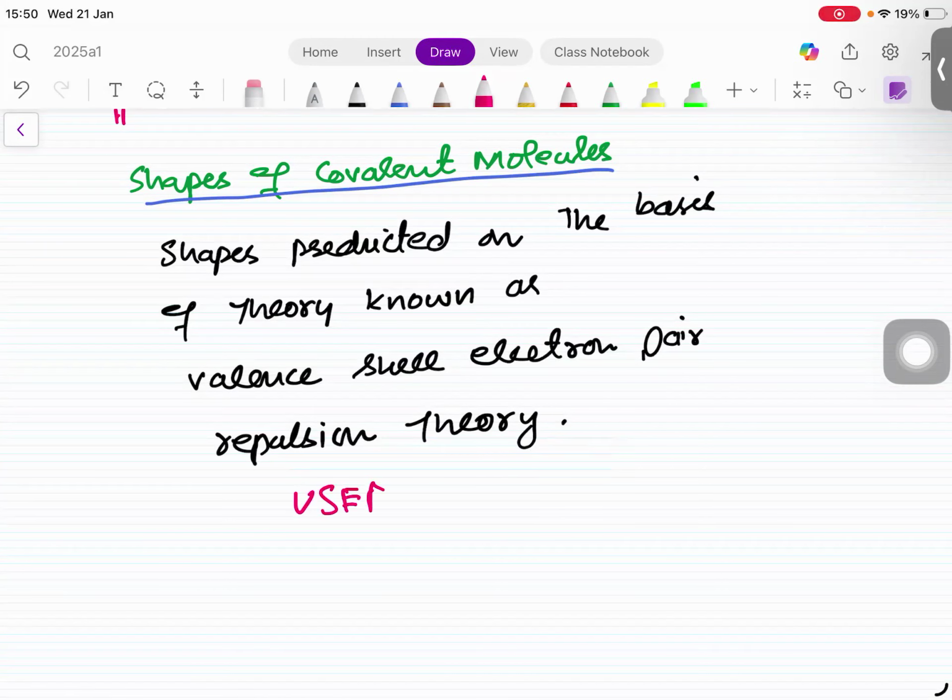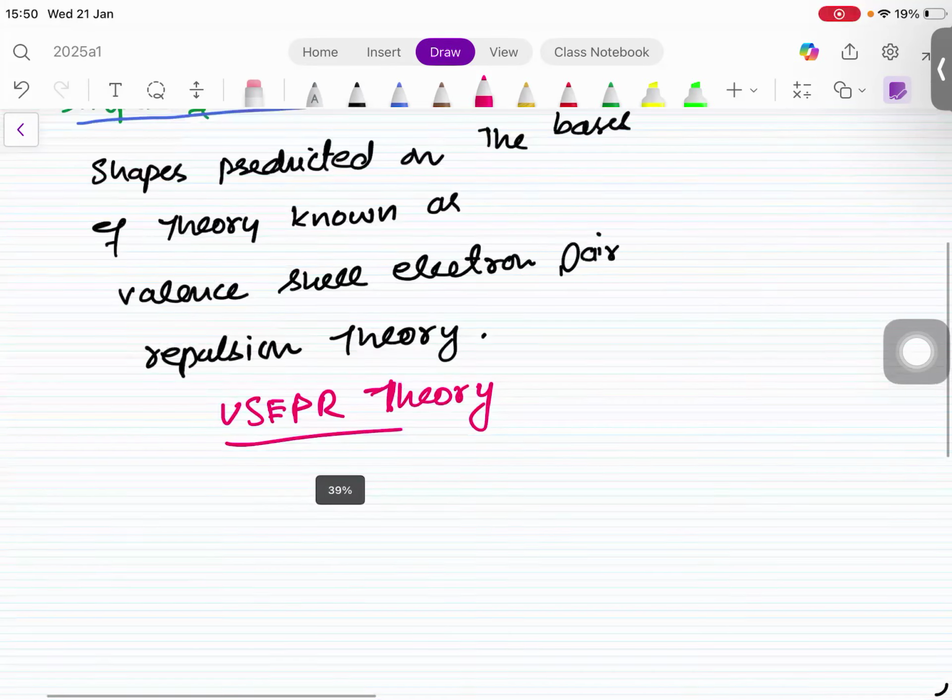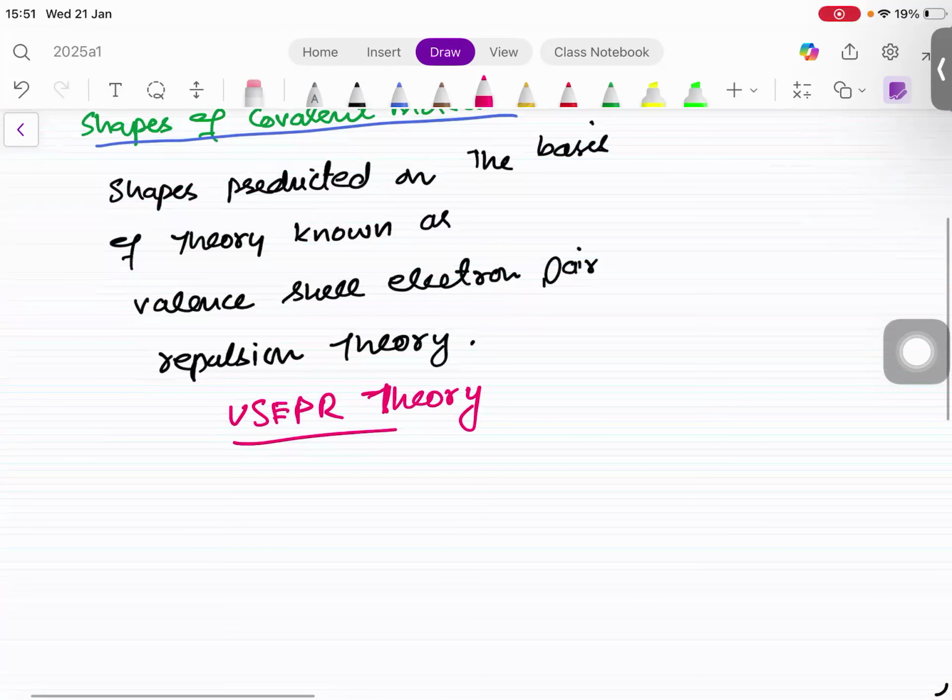Now, what does this theory say? As I said, we cannot see how the molecules look, so we have to predict on the basis of this theory, valence shell electron pair. As the name tells us, let me give you an example. For example, if I have a beryllium chloride molecule, and I need to see its shape.